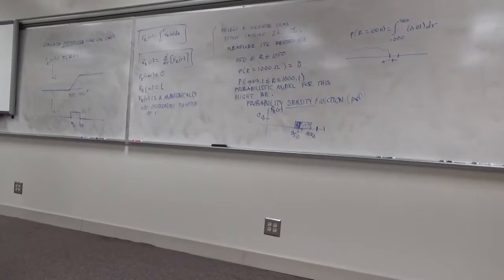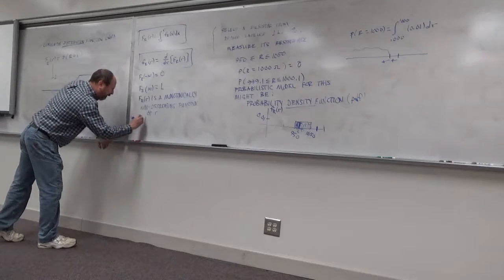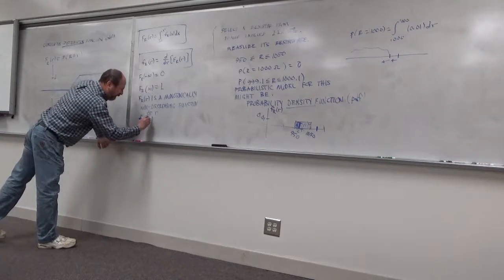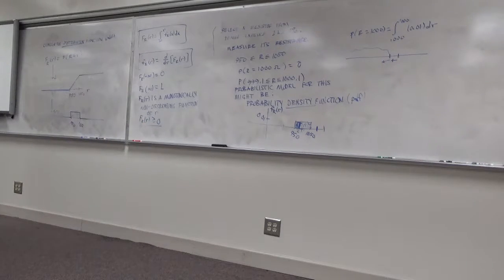oh, and the other, I could add here, because the distribution function is a probability, it can never be negative, right? So capital F sub R of r is always greater than or equal to 0. So it starts at 0, ends at 1, never decreases.